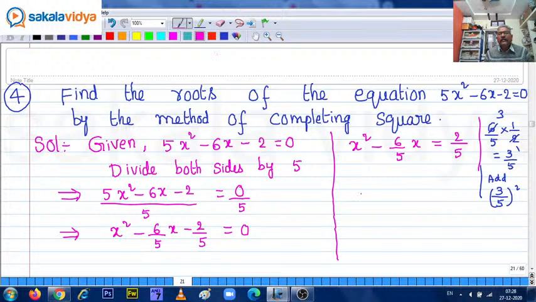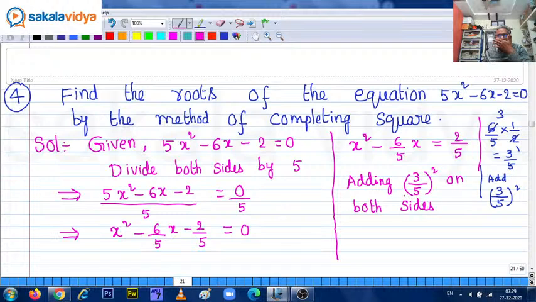So now we can write like this: adding (3 by 5) whole square on both sides, we get like this.